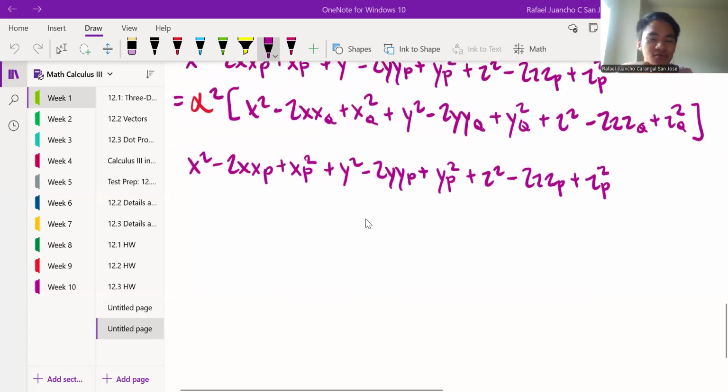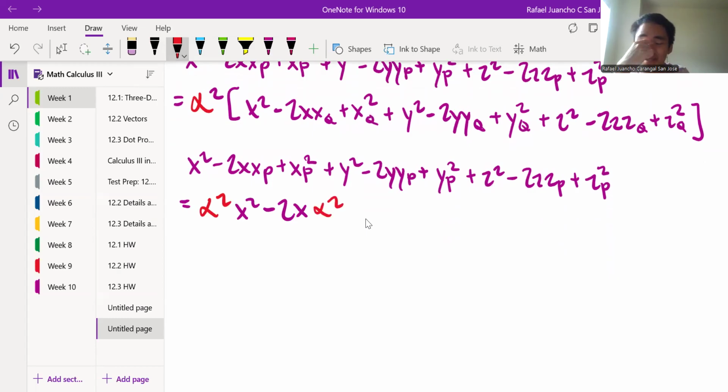Okay, and I'm back. So the idea here is we're distributing alpha. So we have alpha squared, then X squared minus 2X XP alpha squared, or alpha, I keep saying a. Alpha squared XP squared, then alpha squared X squared, 2X alpha squared XQ, plus alpha squared XQ squared.